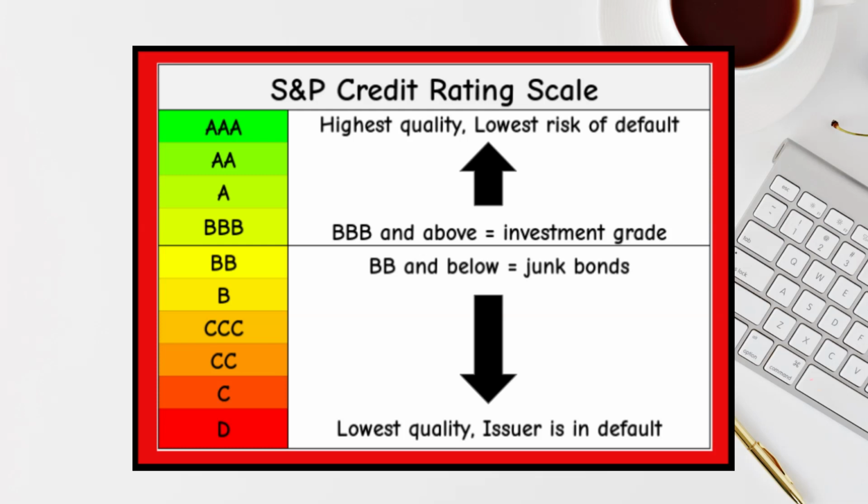On the other hand, any bond that is graded double B or lower is considered to be lower quality or speculative, meaning they are very risky and have a higher chance of defaulting or not being repaid. These bonds are also called junk bonds. Furthermore, a bond with a grade of D represents that the borrower or issuer of the bond is in default.